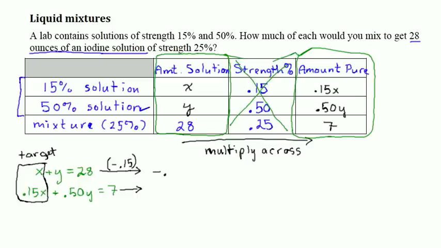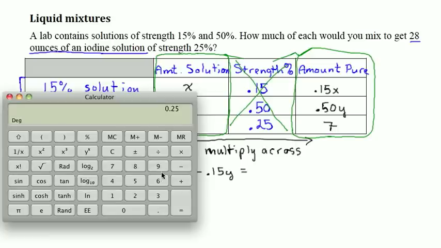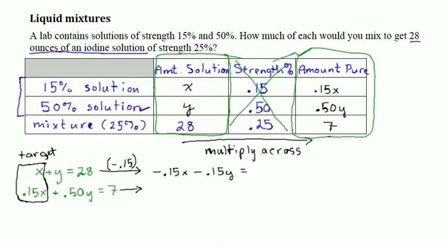That gives me negative 0.15x minus 0.15y equals 0.15 times 28 gives me 4.2, so this is going to be a negative 4.2.